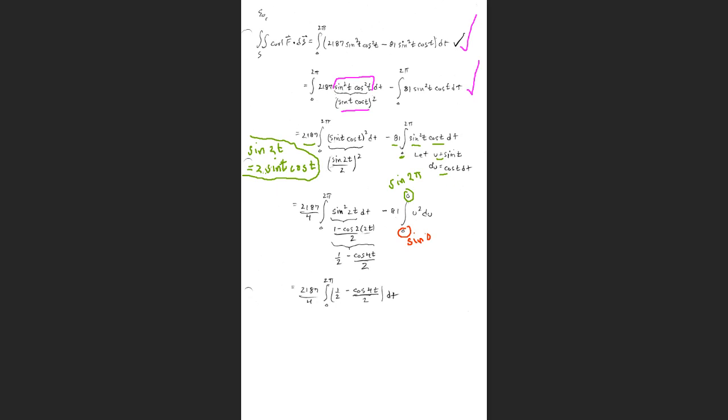The sine squared of 2t. So, you know, the 2 squared, I bring it out as 4. Sine squared of 2t, so again, another identity.